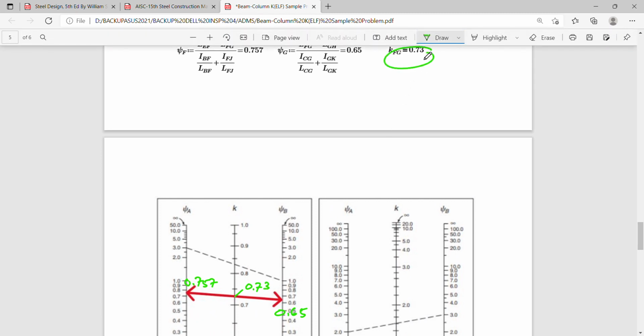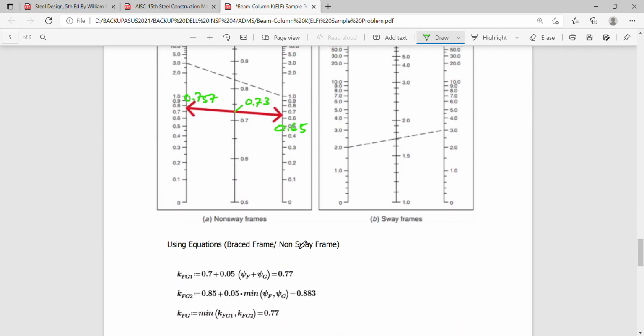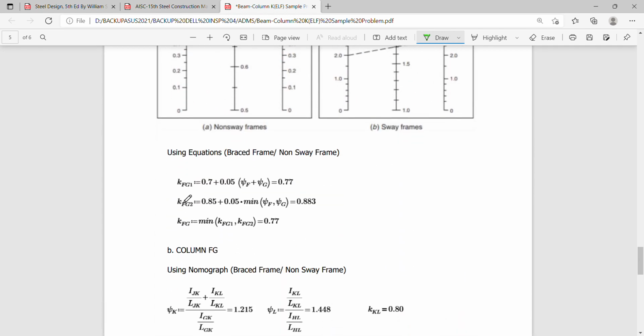Okay, so if we use the equation, so K FG 1 and K FG 2, using the two formulas, take the sum of psi F and psi G, multiply it by 0.05 and add it to 0.7, you get 0.77.